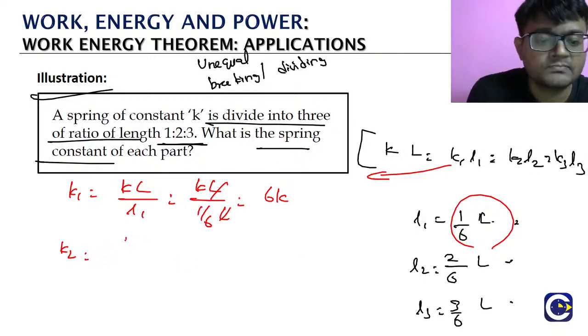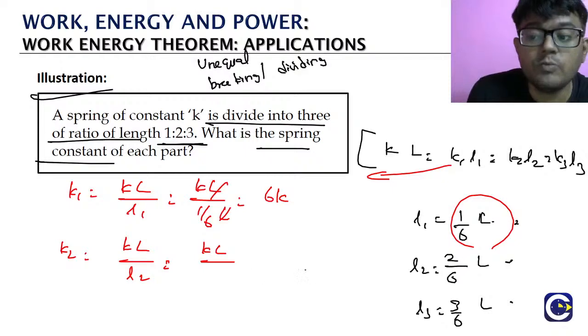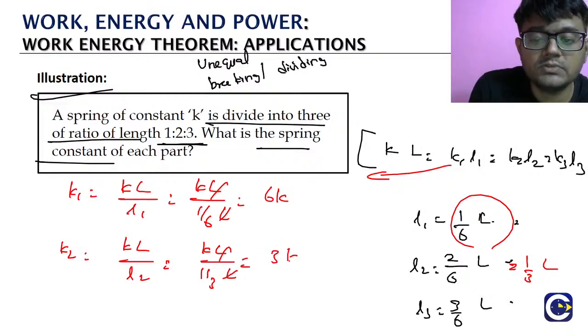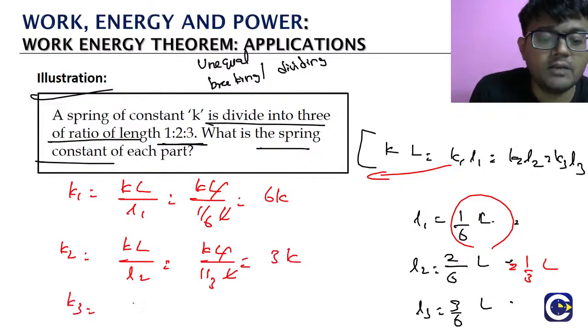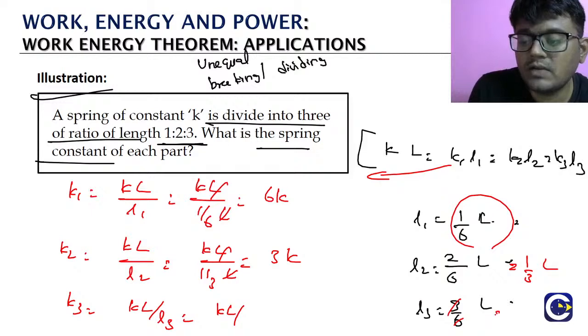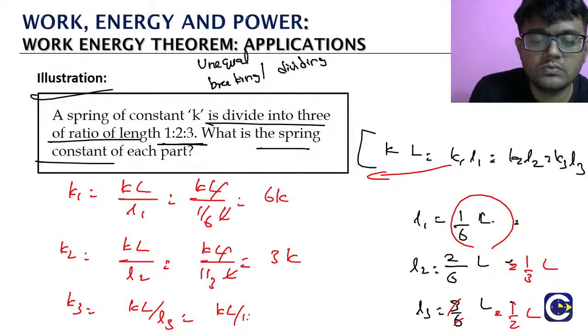K2 பாருங்க, K into L by L2. L2 என்னது? 2/6 into L means 1/3 L. 3 மேலே போயிடும், 3k. K3 பாருங்க, k into L by L3 வரும். L3 என்னது 3/6. 3/6 சொன்னா 1/2. L cancel ஆகிடும், 2 மேலே போயிடும்.